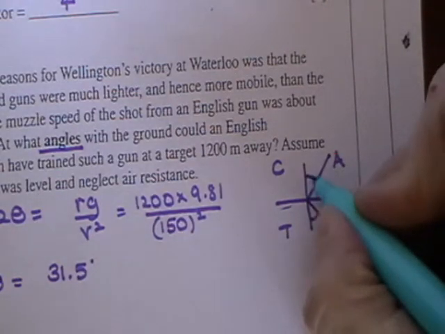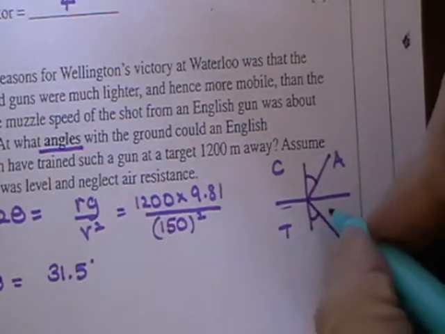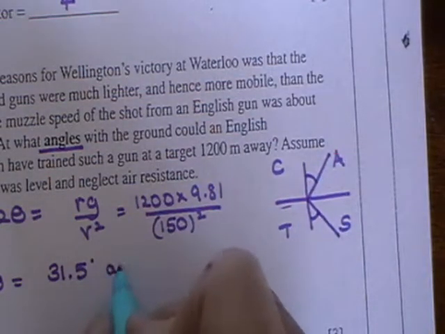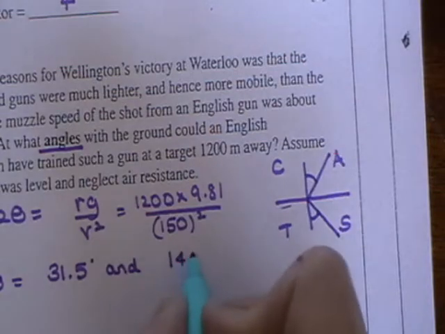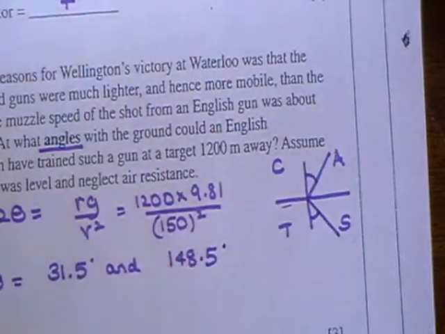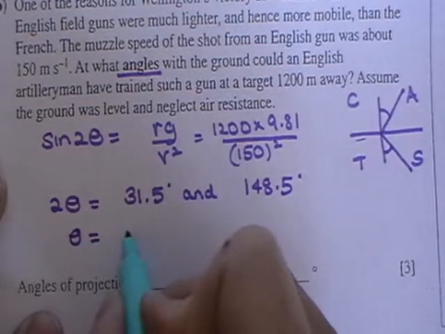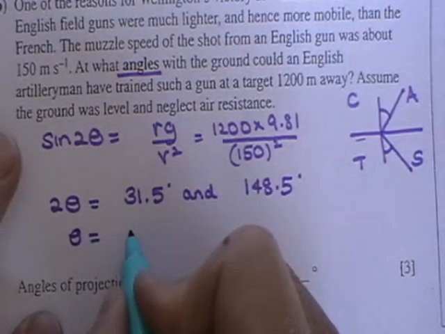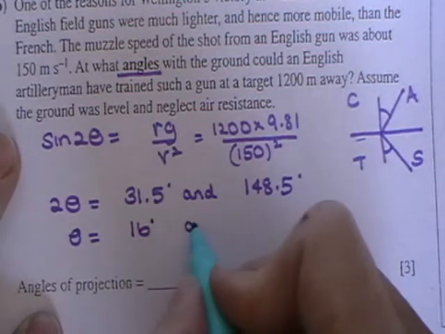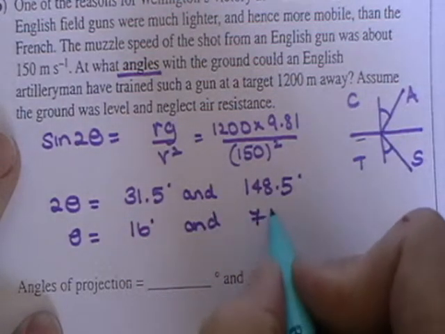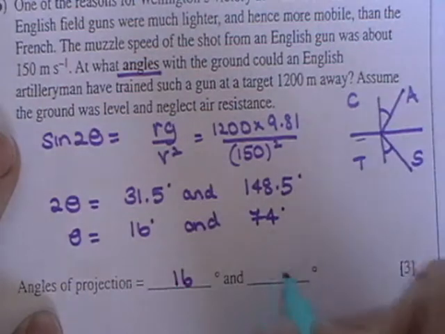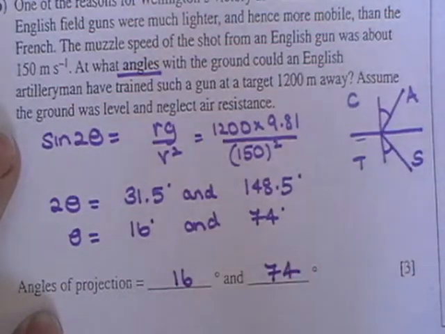This would be 180 take away 31.5, so that's 148.5, and therefore theta is going to be equal to half of those, so that's 16 degrees roughly, these are rounded, and 74 degrees are your two answers there.